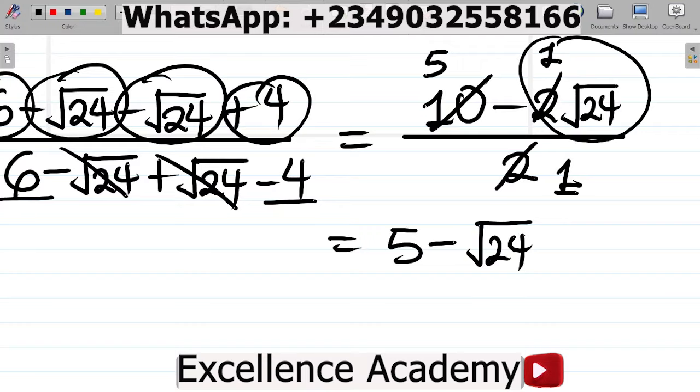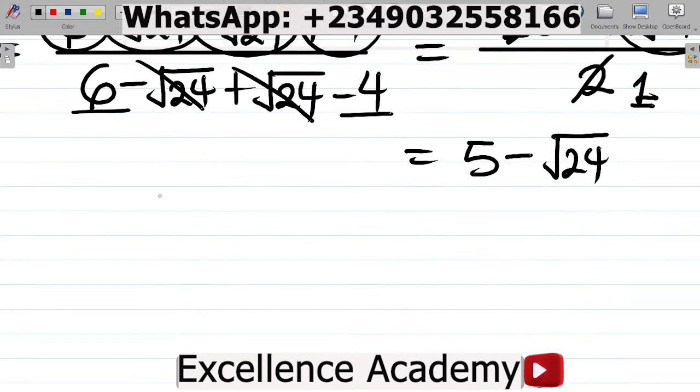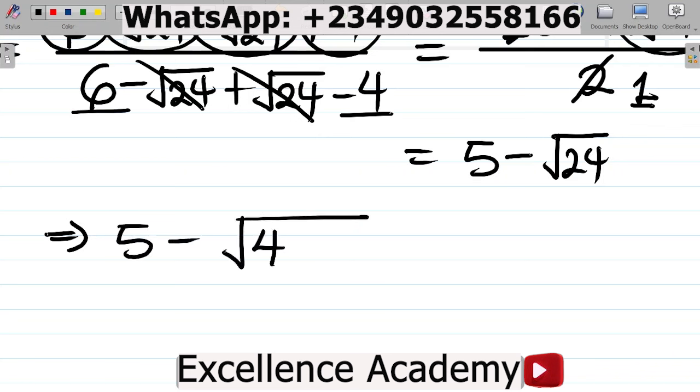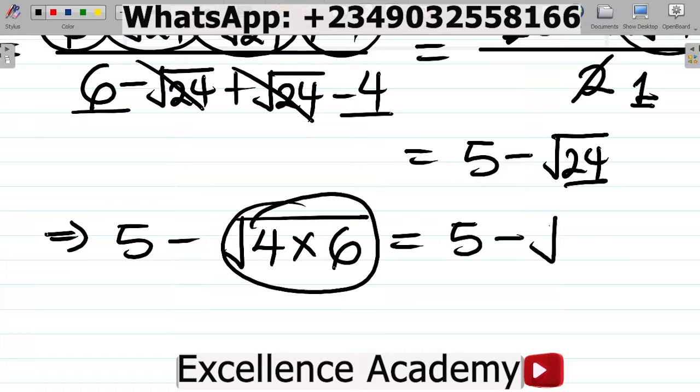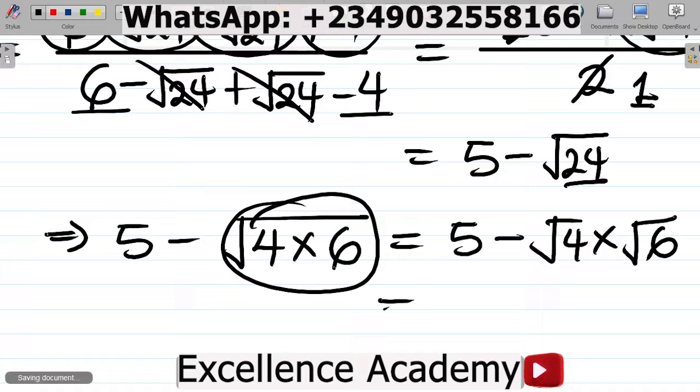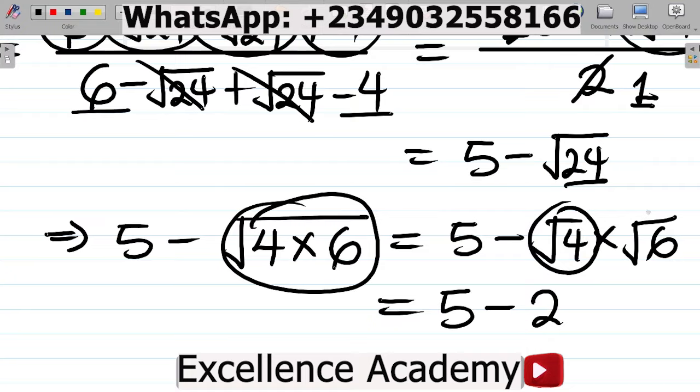We can still break this down because 24 is simply 4 times 6, so root 24 is root 4 times root 6. This is equal to 5 minus, root 4 is 2, times root 6. So my answer here is 5 minus 2 root 6.